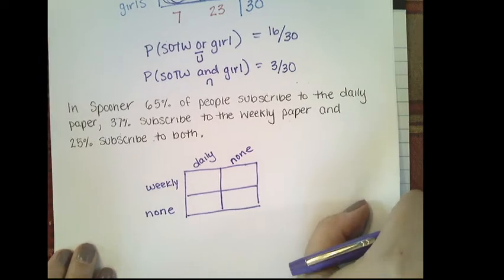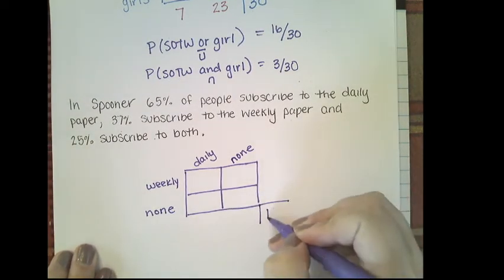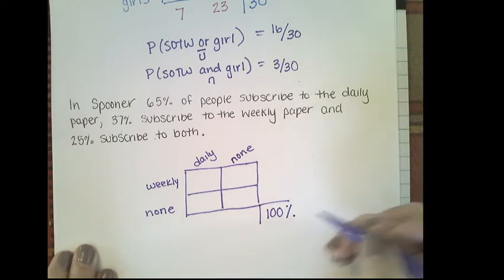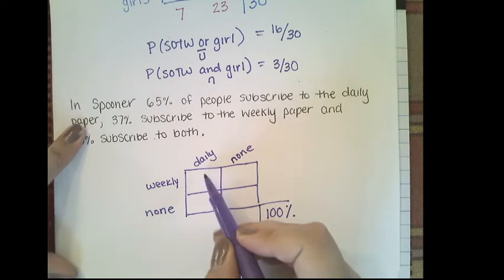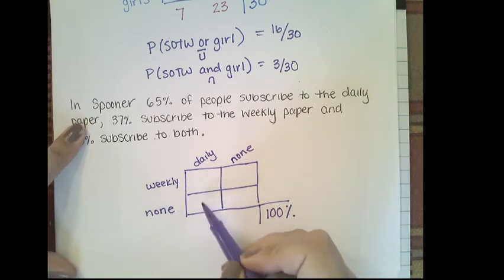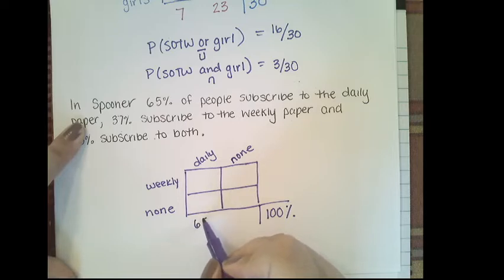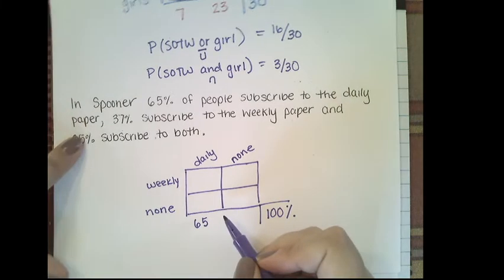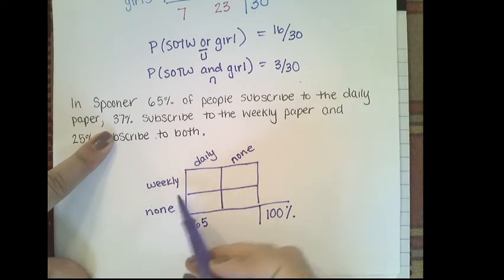So now we're going to fill in all of our percentages. The nice thing, since we're dealing with percent, is we already know the total. So 65% subscribe to the daily paper. It doesn't specify whether they also got the weekly or not, so that means 65% is a total. 37% subscribe to the weekly paper. So here's our weekly paper.